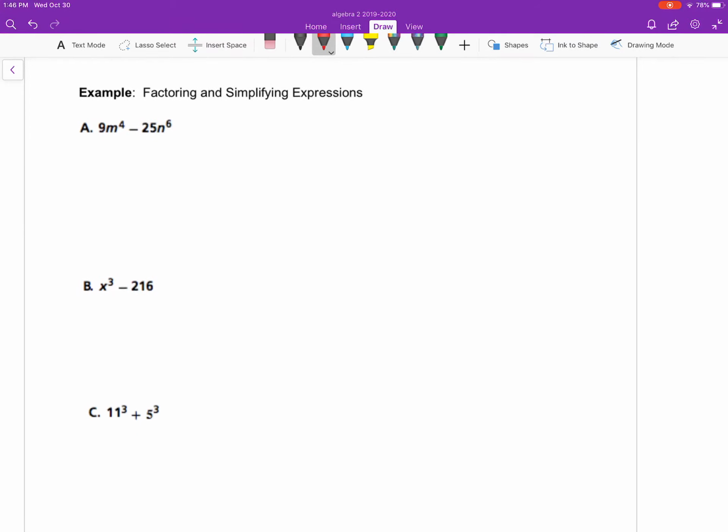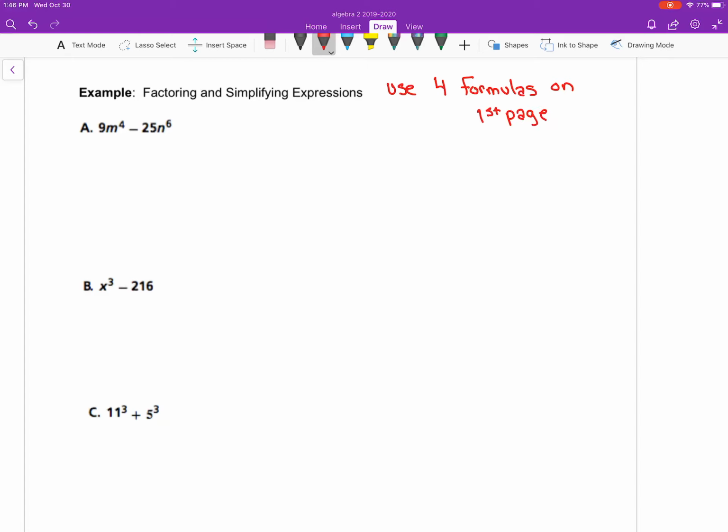In the next page, factoring and simplifying expressions, this again is just using those four formulas on the first page to factor.